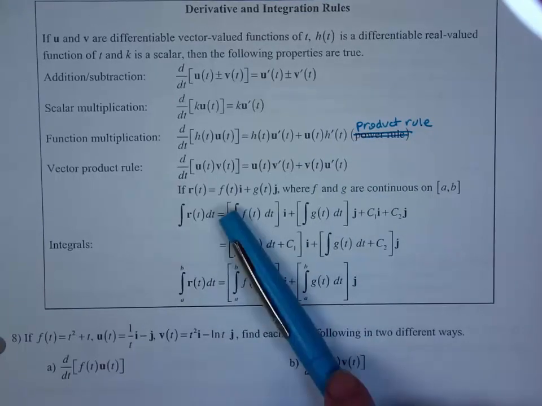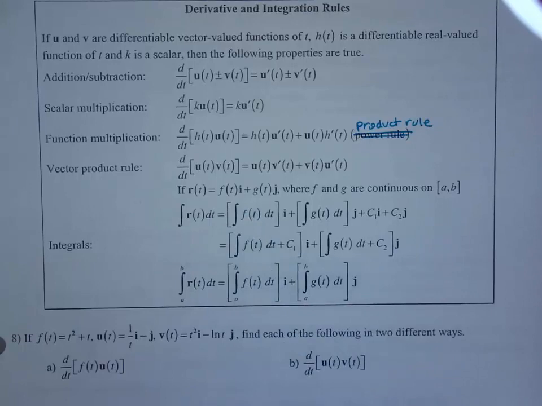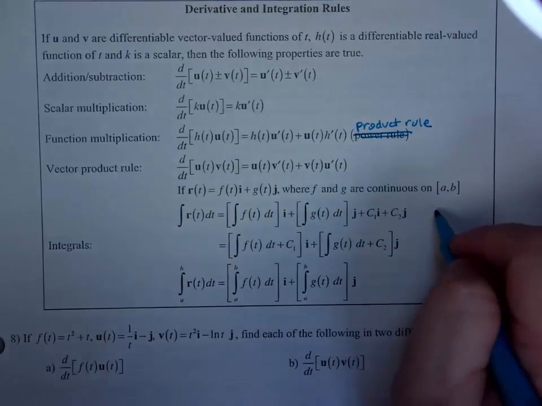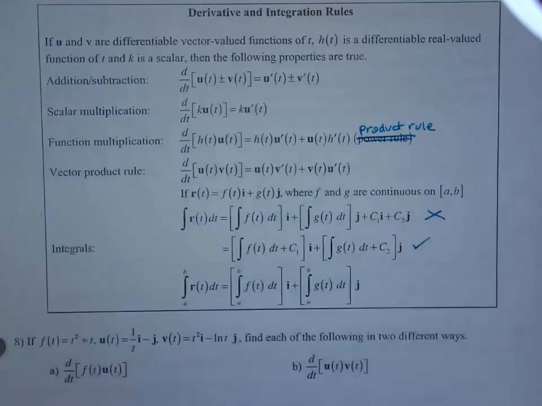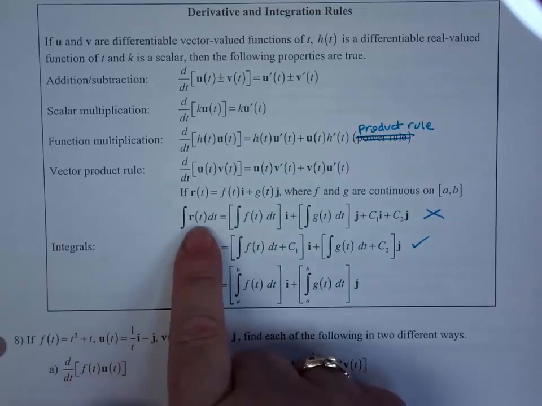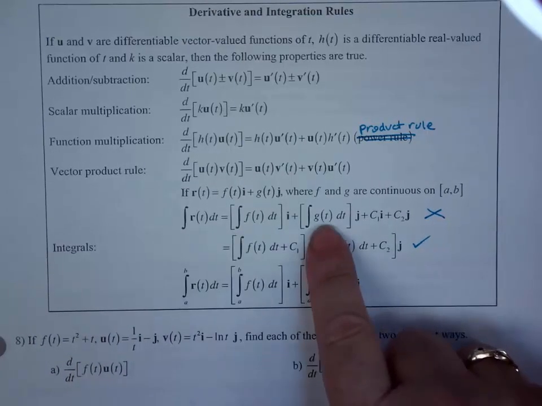Okay? Now, when you get down to the integrals, it gets a little ugly. Let me tell you this. From my experience of doing these, I don't really care for the first line. I care for the second line more. I like the C inside the integral with the problem. So basically, when you integrate a vector valued function, you integrate each component separately.